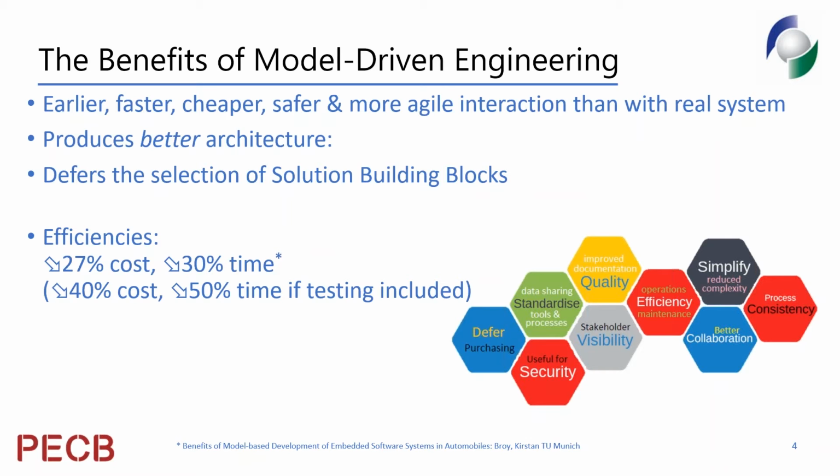And if your models can include the testing aspects of software, it's even greater, 40% savings, 50% savings. Now, given the pressure on IT to deliver faster, in terms of agile mindsets, and the cost of security budgets, I think if modeling could even save us a fraction of that amount, then we'd be onto a winner. So it's something that's well worth pursuing here.